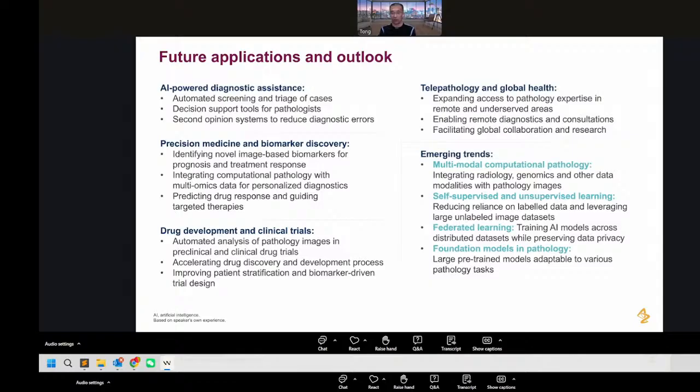If you're not sure of a diagnosis, you can easily share the digital image with colleagues remotely, even from one country to another.